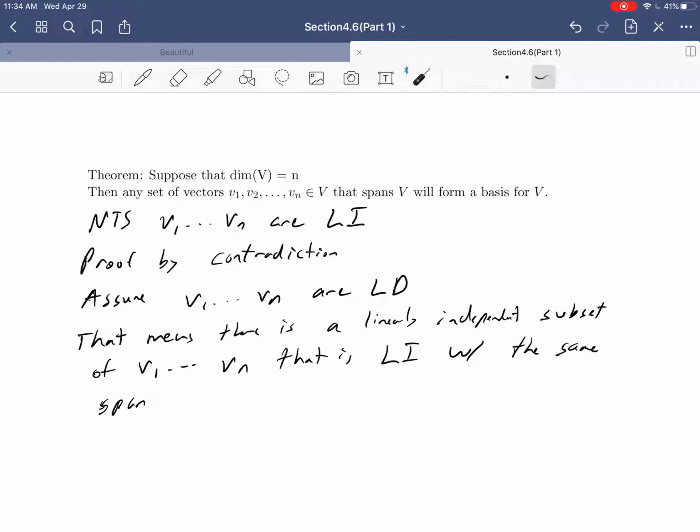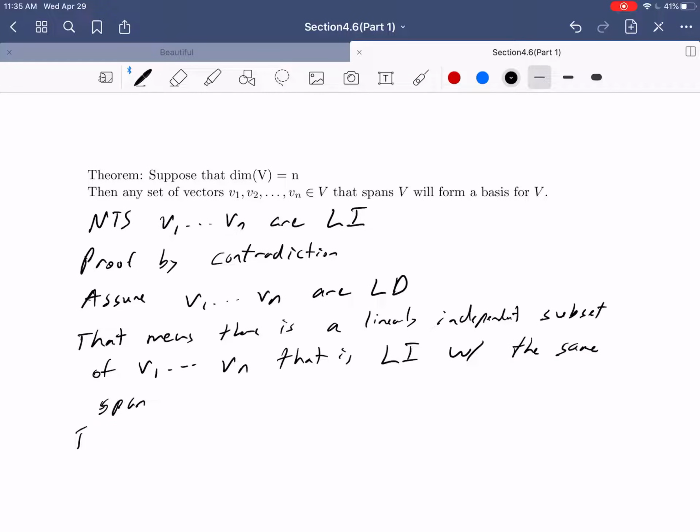Remember, that's something we proved a couple videos ago. We said that if you have a set of linearly dependent vectors, you can always find a linearly independent subset. You can delete the linearly dependent ones, and you'll keep the same span. So there's some linearly independent subset of V1 through Vn with the same span.